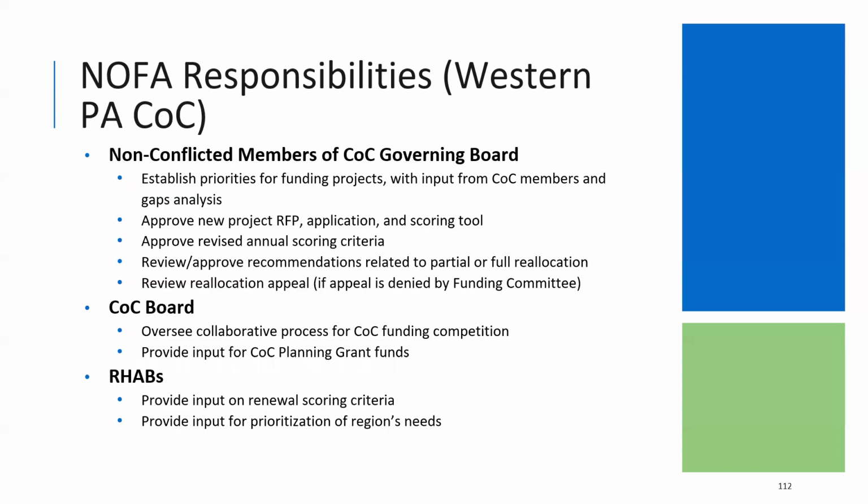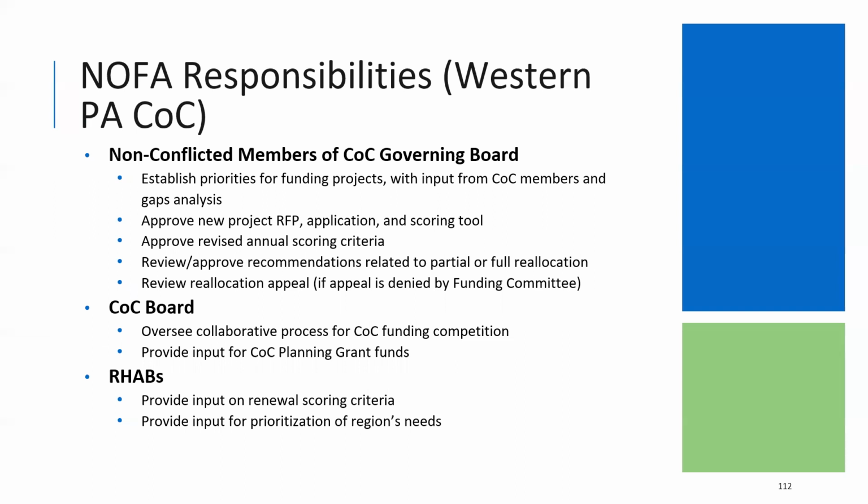The non-conflicted members of the governing board are basically governing board members who do not get CoC funds. So they are the second tier of review after the funding committee. They help establish priorities for funding projects with input from CoC members and the gaps analysis. They approve the new project RFP, application, and scoring tool.